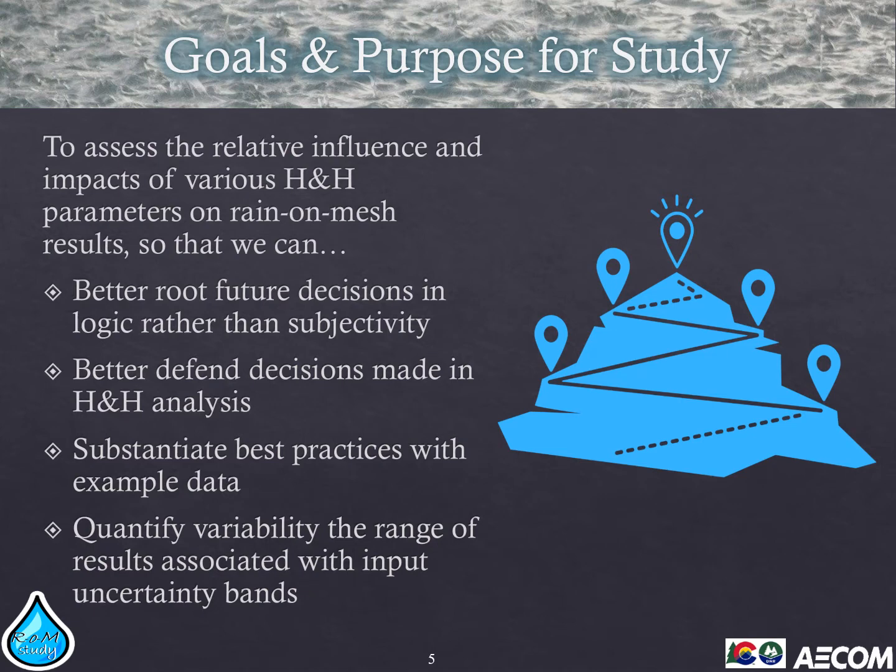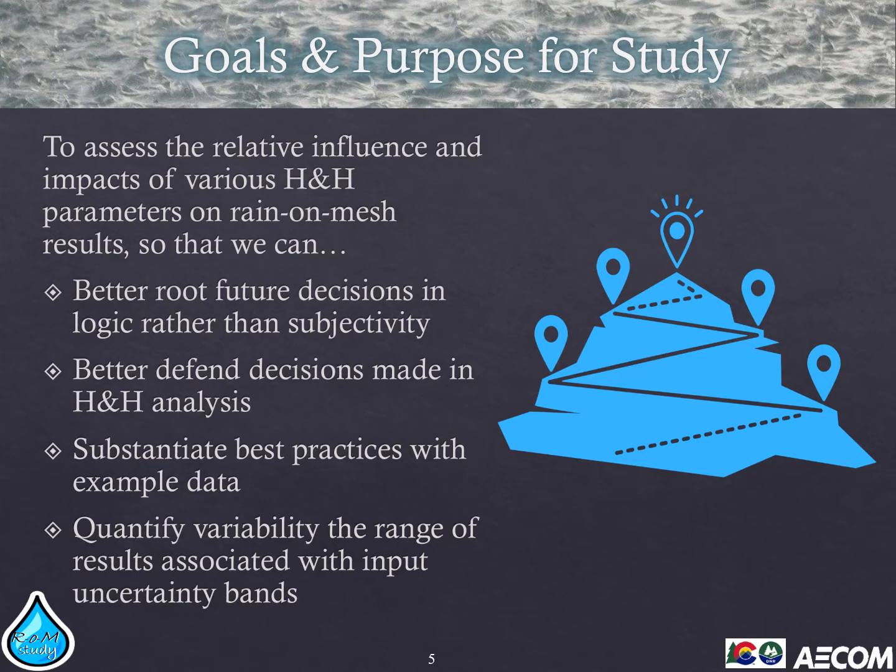This slide summarizes our project team's study objectives. We wanted to look at the relative influence and impact of the different H&H parameters on the model outcome. This way we can understand the knobs that can be turned, and not just which direction they might move the results, but by how much. Another way of saying that is what we knew previously qualitatively, we wanted to understand better quantitatively, to understand what that actual impact is.